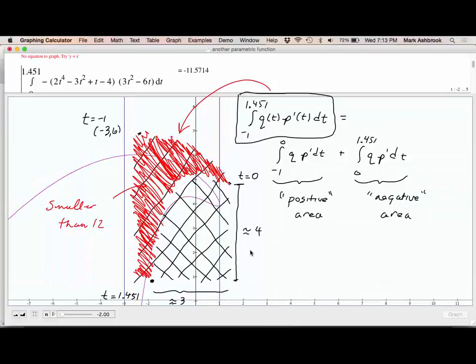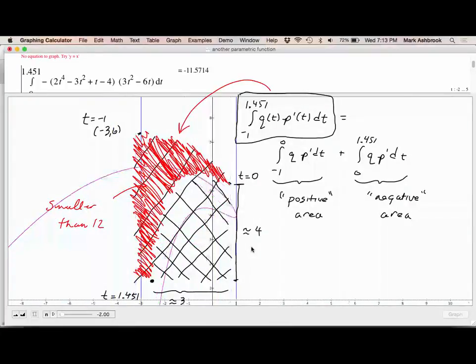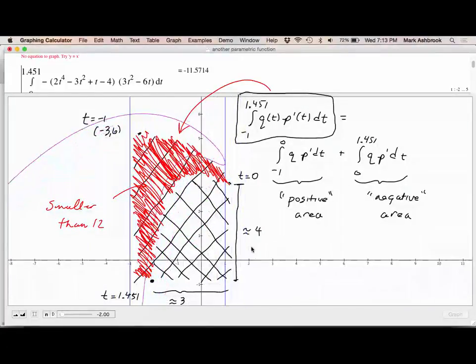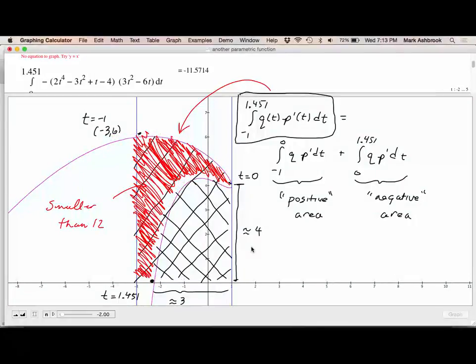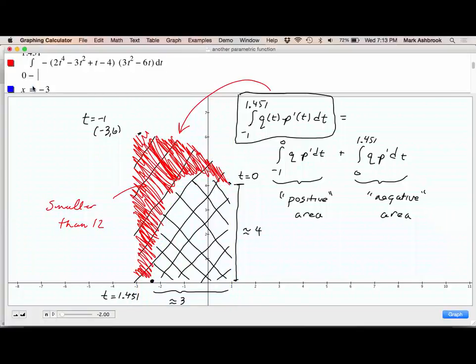And then if I go all the way from -1 to 1.451, positive or negative, first of all? Positive and smaller than 12. 10.62.